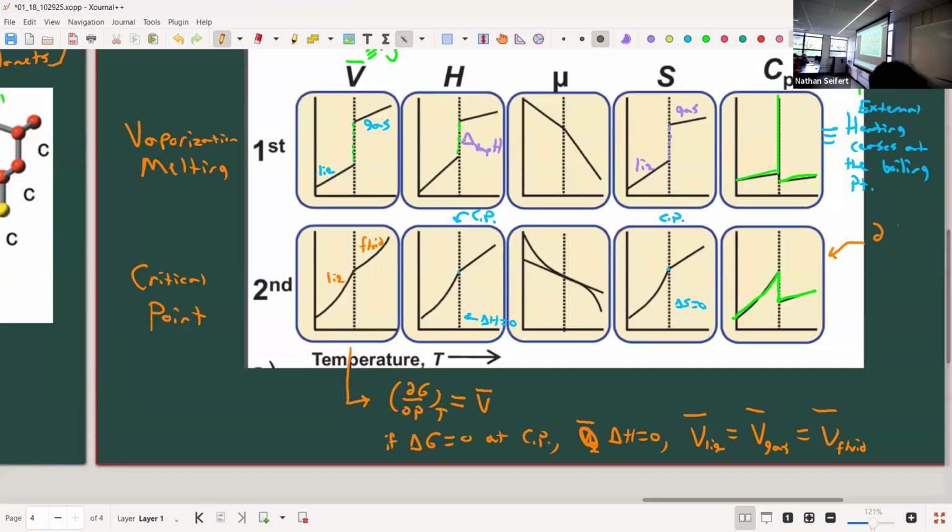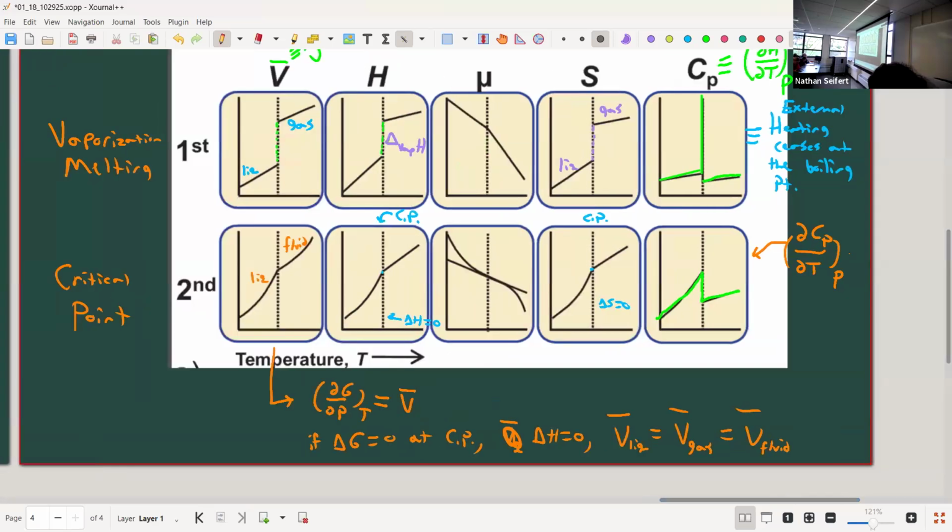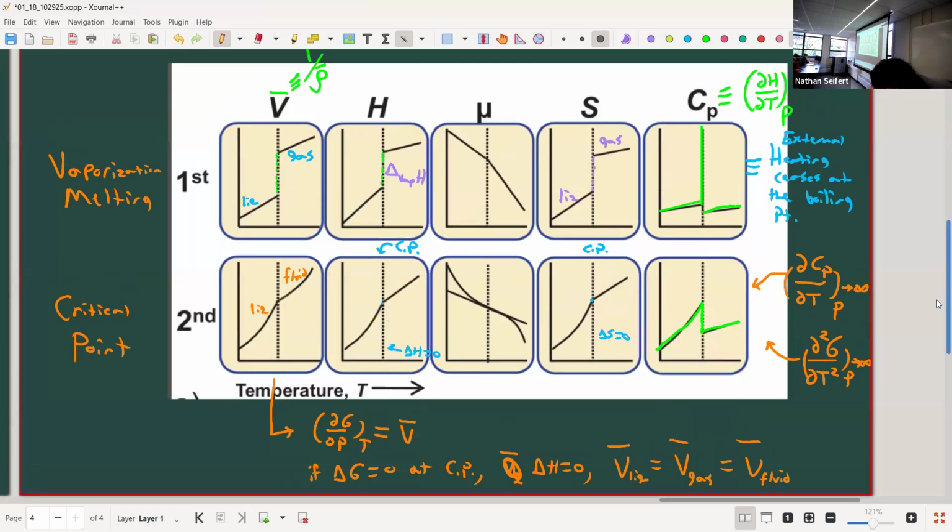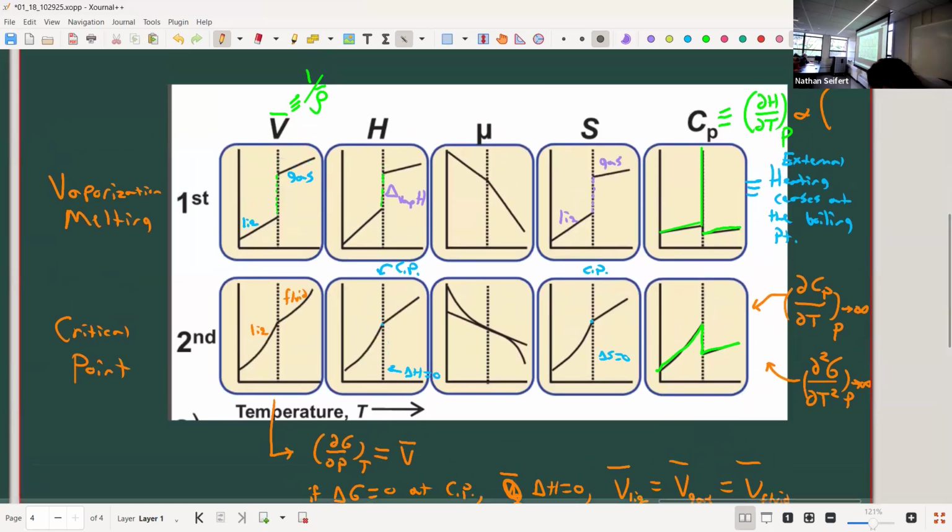So what this means is that the derivative of the heat capacity with respect to temperature at constant pressure goes to infinity. And what this also means, therefore, is that the second derivative of Gibbs energy with respect to temperature at constant pressure goes to infinity. So this is also proportional to the first derivative of the Gibbs energy with respect to temperature.